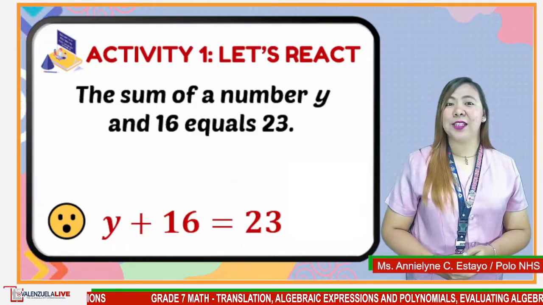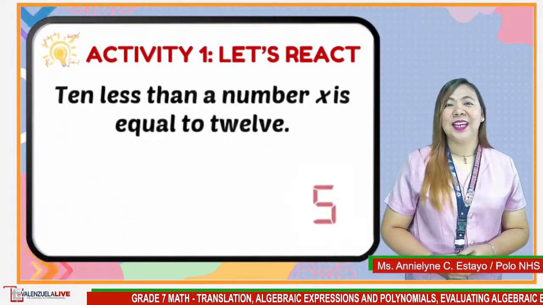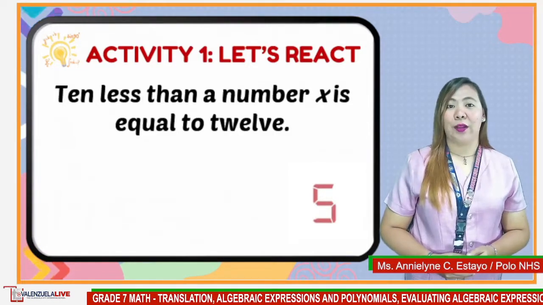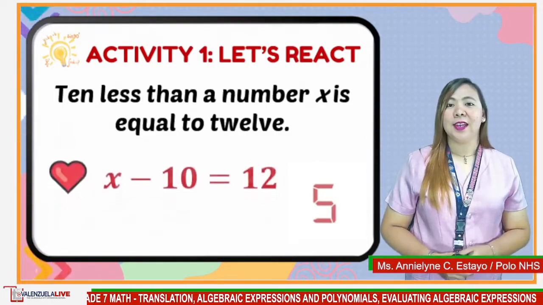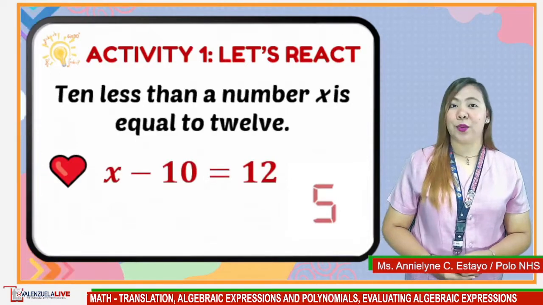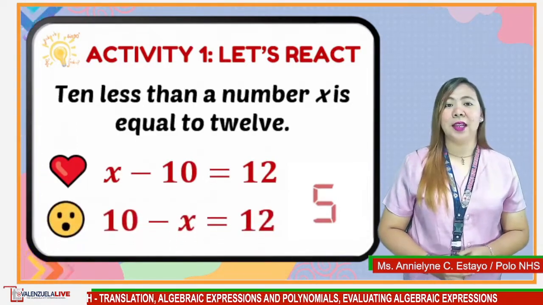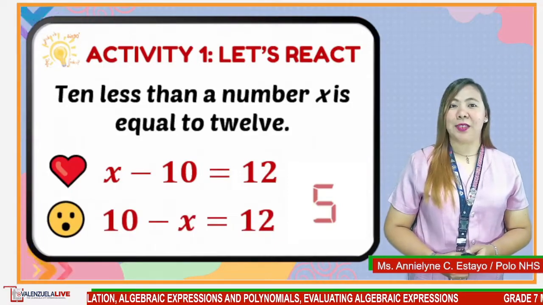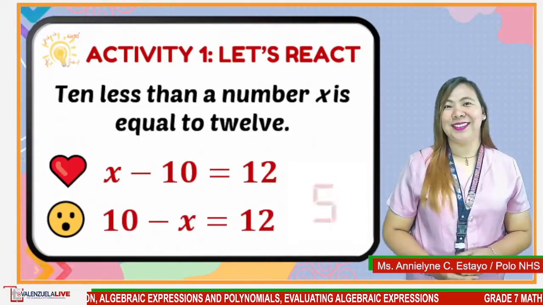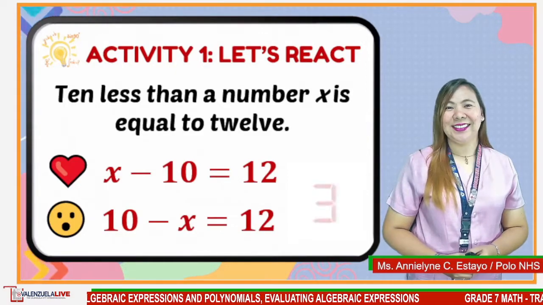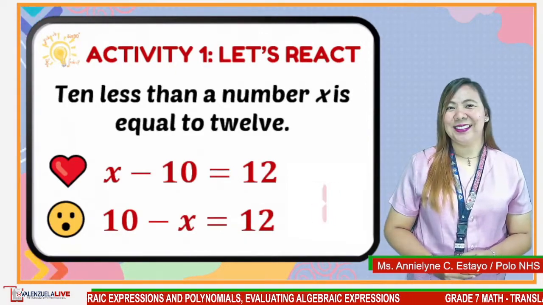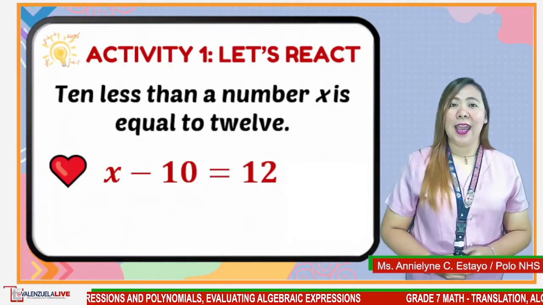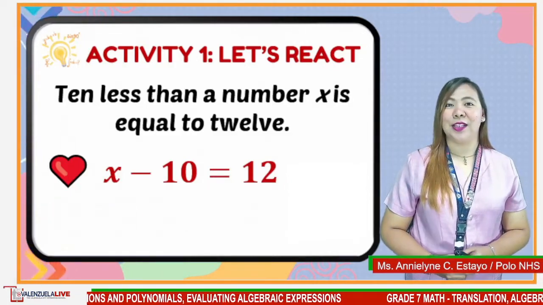For the last one, 10 less than a number x is equal to 12. Heart is x minus 10 equals 12, and wow is 10 minus x equals 12. 5 seconds, go. The answer is heart, x minus 10 equals 12.